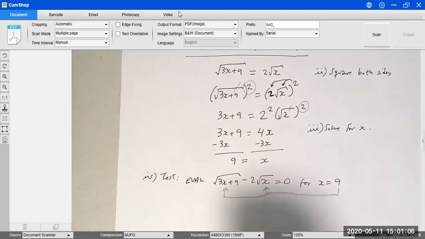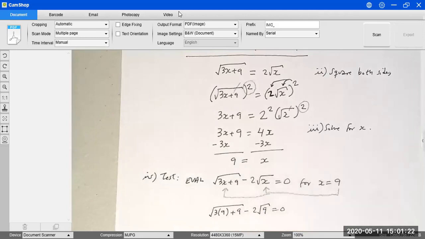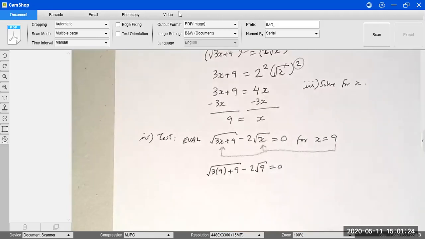So we have the square root of 3 times 9 plus 9 minus 2 times the square root of 9, and that should be equal to 0.